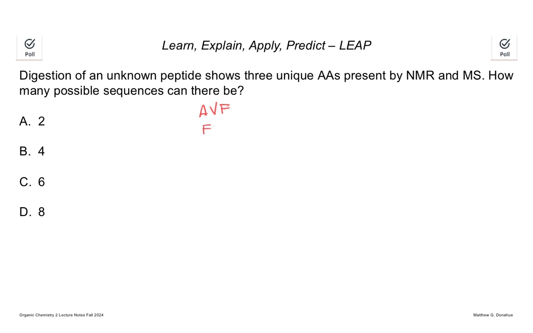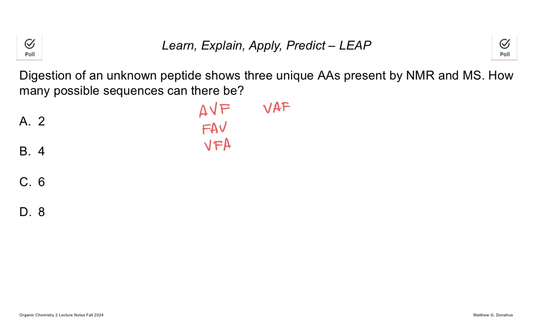So F, A, V, V, F, A, so we can do V, A, F. So we have VFA already.